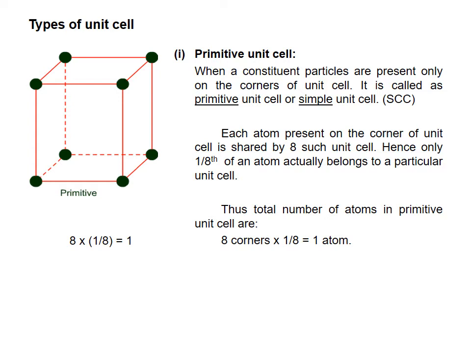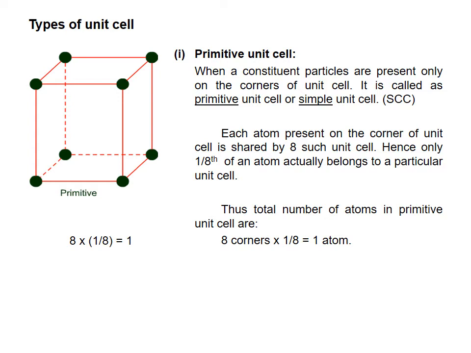Each atom present on the corner of the unit cell is shared by 8 other unit cells when they are arranged in 3 dimensions to form the crystal lattice. Hence, only 1/8 part of an atom actually belongs to a particular unit cell.